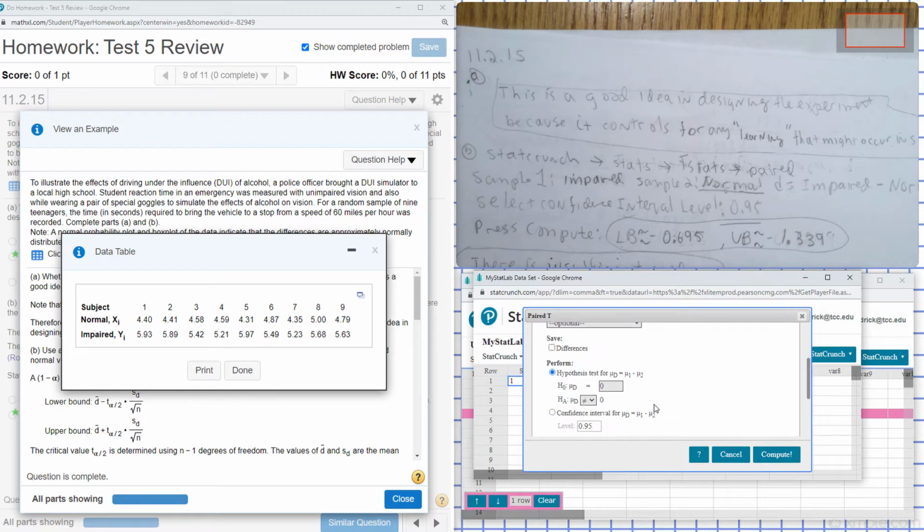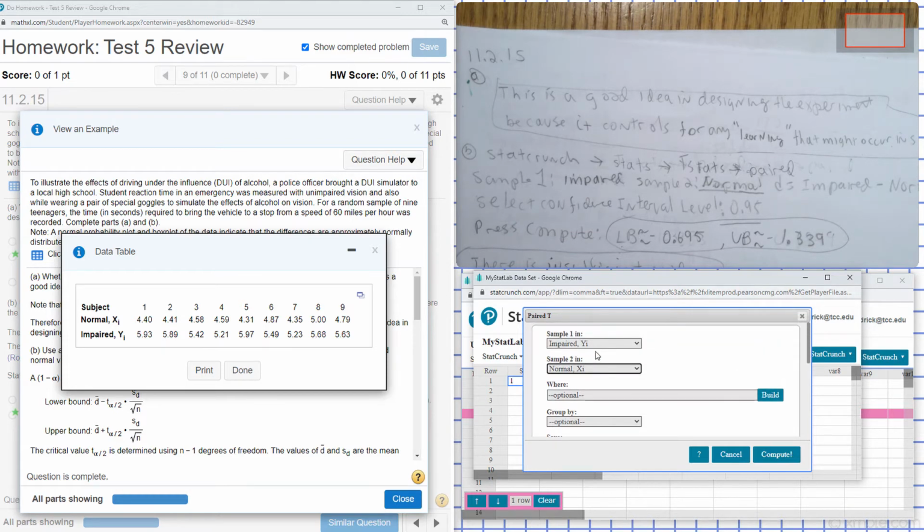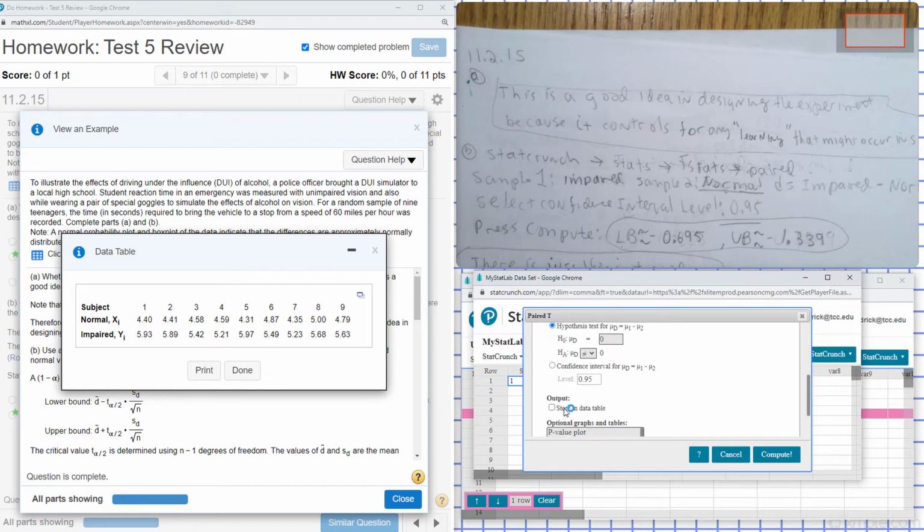Then they say select confidence interval, and the confidence level should be 0.95. And then I press compute.